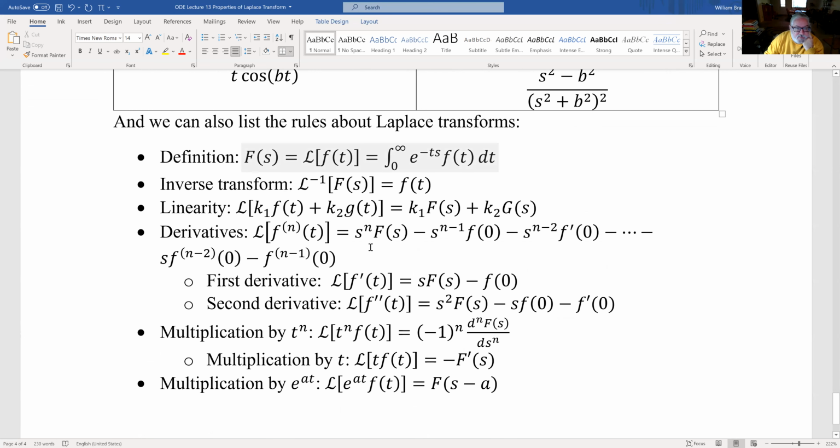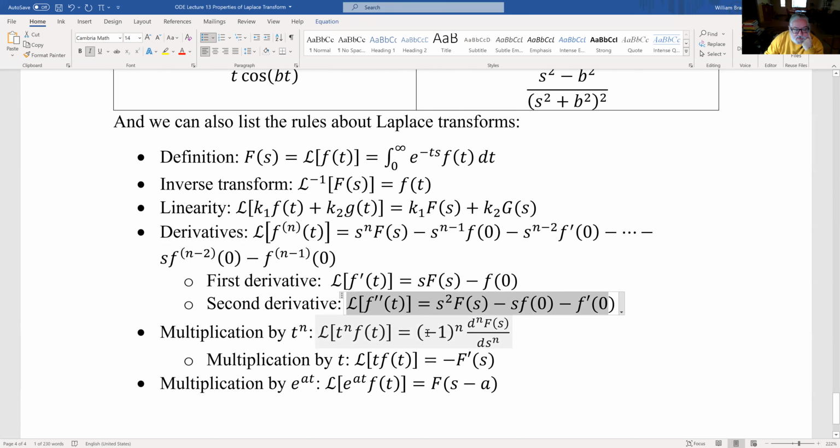And then there are certain rules about Laplace transforms. This is the definition. We have an inverse transform, which means if you know the transform, can you figure out the function? Linearity: k1 f of t plus k2 g of t becomes k1 times the Laplace transform of f plus k2 times the Laplace transform of g. Here's the big formula for derivatives. This is the formula for first derivatives. This is the formula for second derivatives.